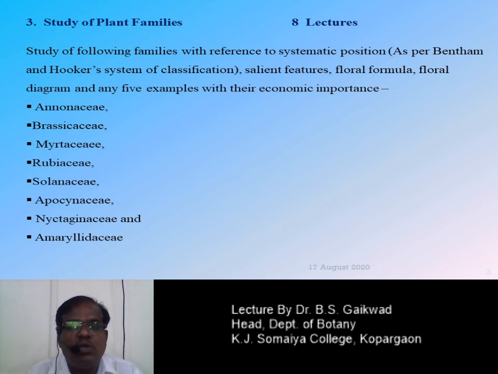That is Solanum tuberosum, Solanum melongena, Solanum nigrum, then Capsicum annuum. These are the different types of members of this family. So all possible characters related to this family and these members are taken under consideration.